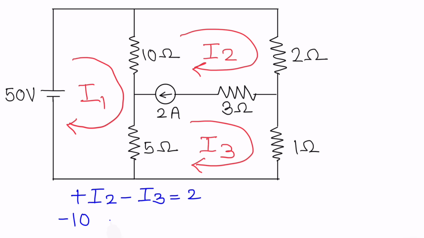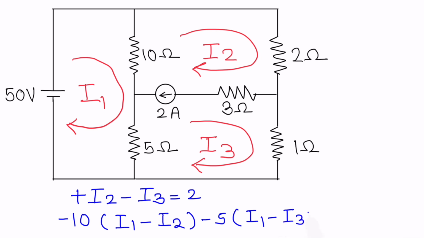Minus 10 (I1 minus I2) minus 5 (I1 minus I3) plus 50 equals 0.